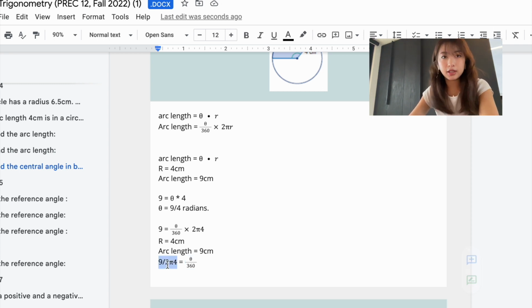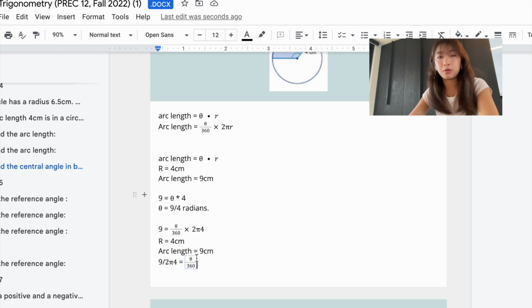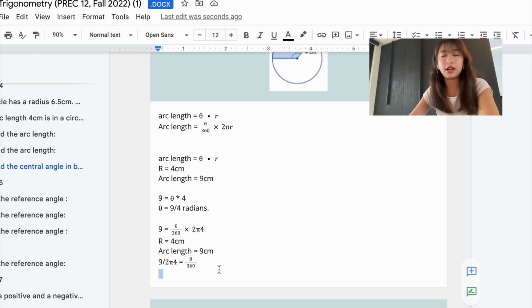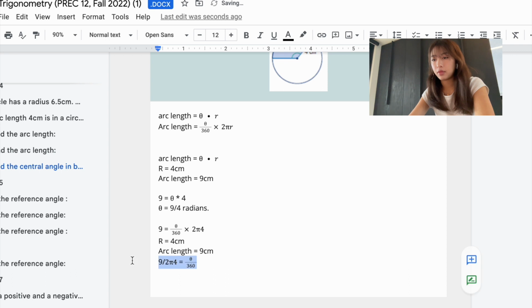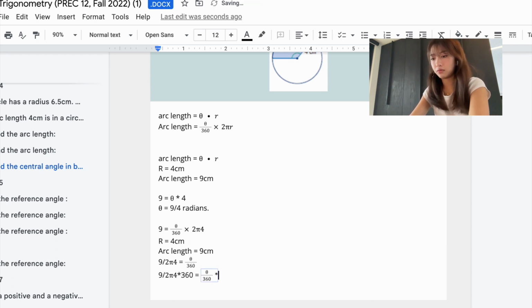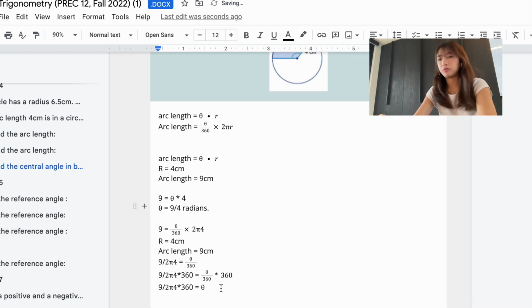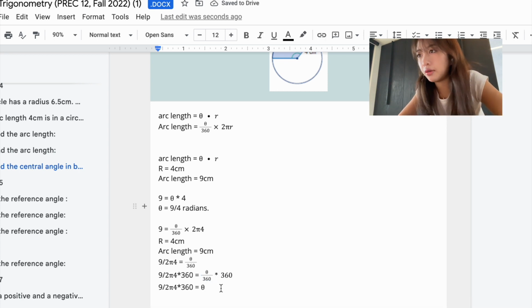Before we calculate what this exact number is, I'm just going to multiply both sides by 360 so we can get theta alone on that side. All right, just like that. So here we have everything in terms of theta.